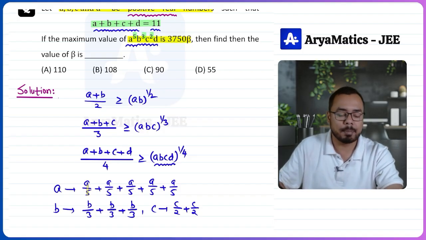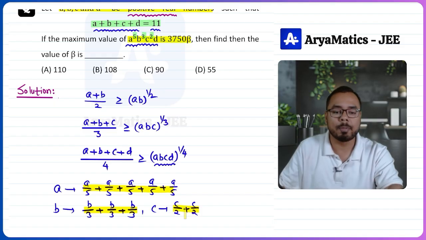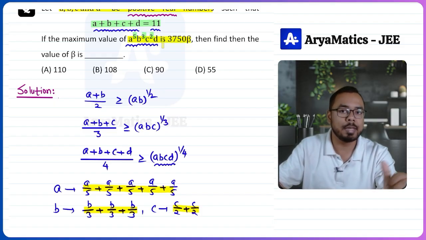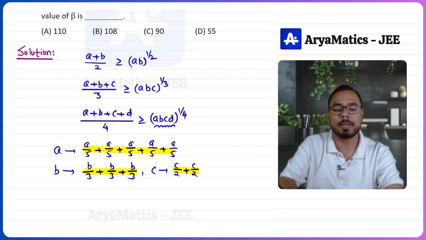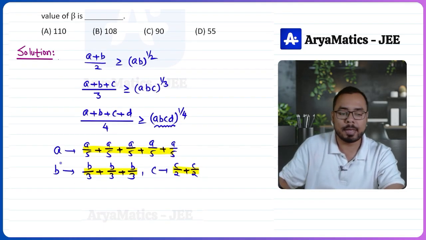And now on these numbers, 5 numbers A by 5, then 3 numbers B by 3, then 2 numbers C by 2, and one number D, on these 11 numbers, we are going to apply the AM-GM inequality.